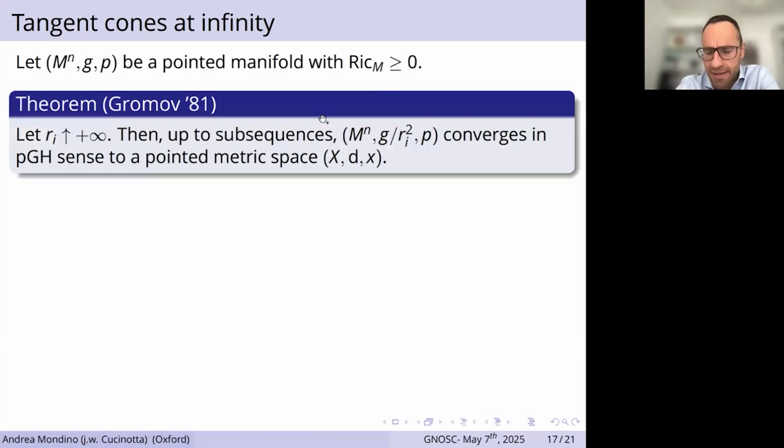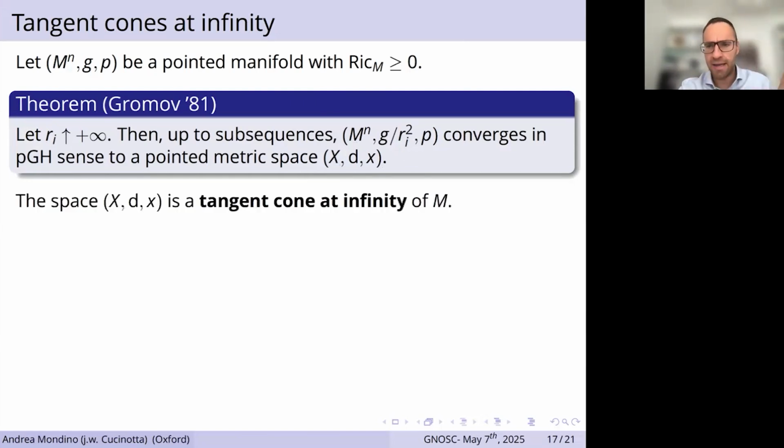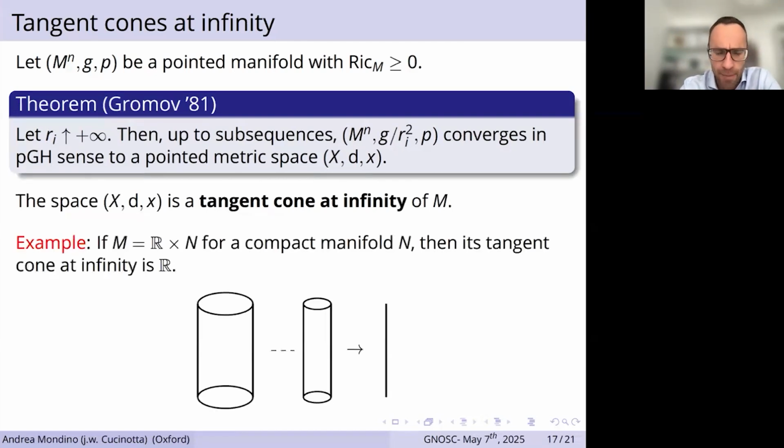Then by Gromov compactness, if we scale down the manifold by some rescalings Ri which go to infinity, then this sequence of manifolds is precompact in pointed measured Gromov-Hausdorff convergence, and it will converge to some pointed metric space X. This space X is called a blowdown or tangent cone at infinity of M.